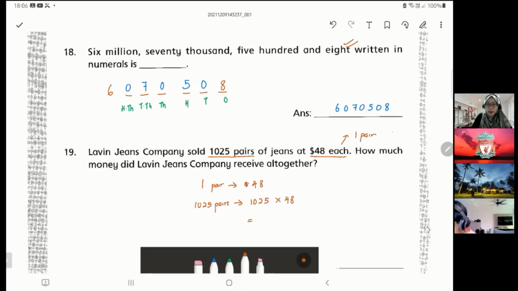No calculator, then you do your long multiplication like that. This one, many will make very careless mistakes. Many get confused here. They don't know which one to times first, where to put the zero and whatnot. I'm not going to do that because this one, you need to know how to do it. The answer is $49,200. Okay, have you marked your answers? Please mark along the way, all right?